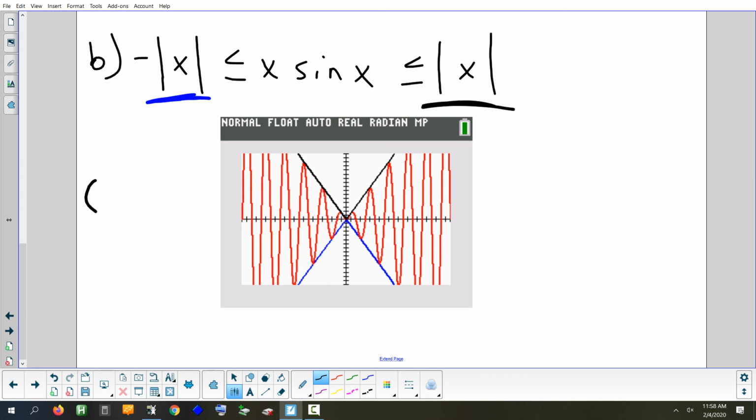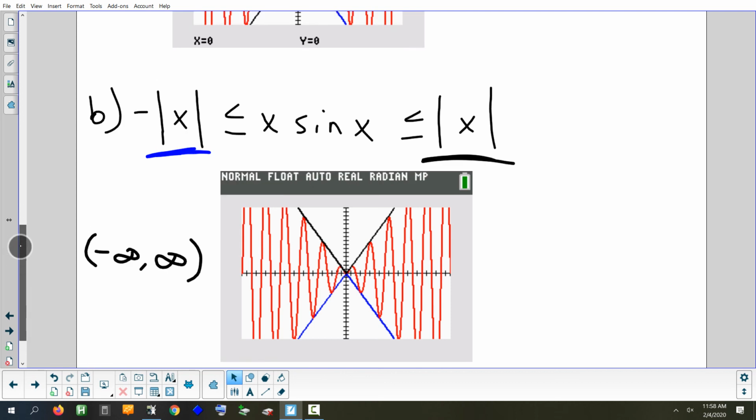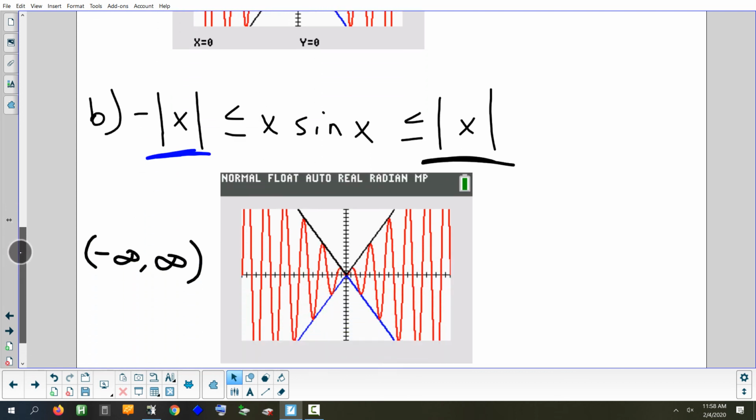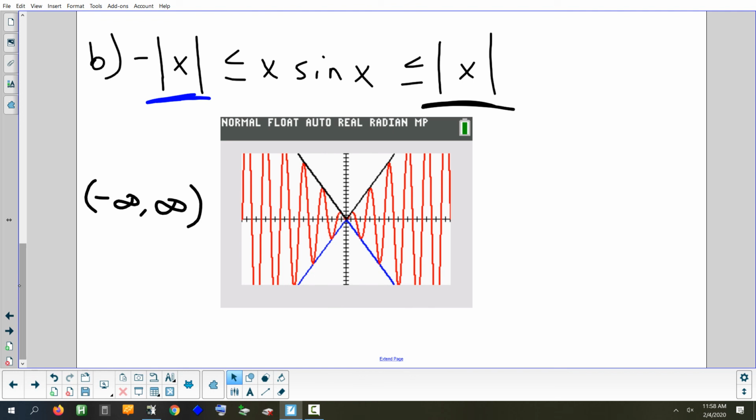Negative infinity to infinity, not including. Right. That's always true, no matter where you look. Okay. So that's why, and you can still do this on a calculator that doesn't have color. You just have to look very carefully and closely, but the color does help in this case. Any questions on that?